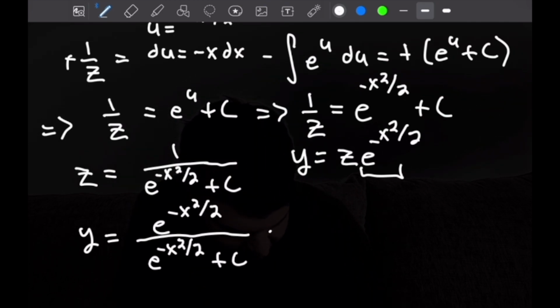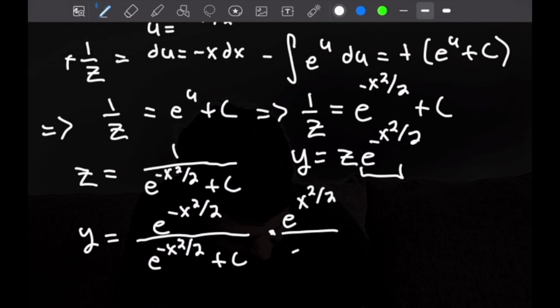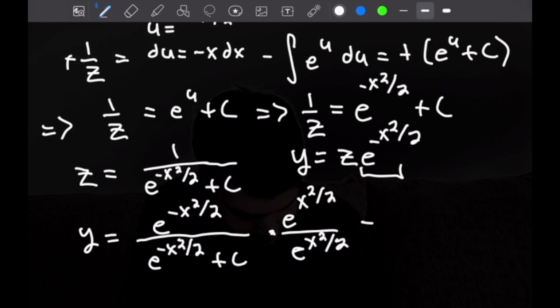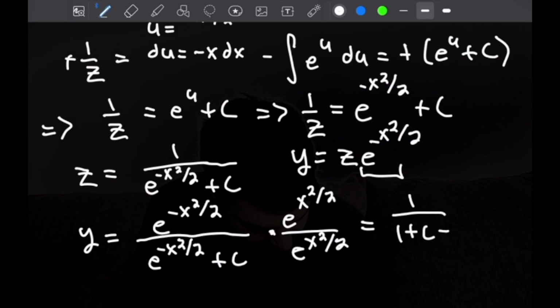And we can multiply this by e to the x squared over 2 over e to the x squared over 2, which will give us the following final answer for y. We have that y is equal to 1 over 1 plus c times e to the x squared over 2.